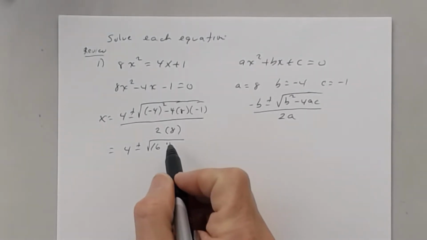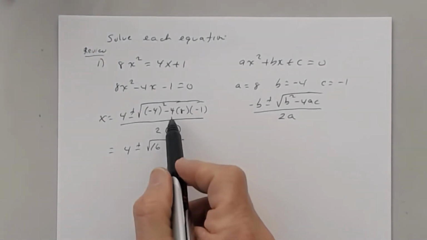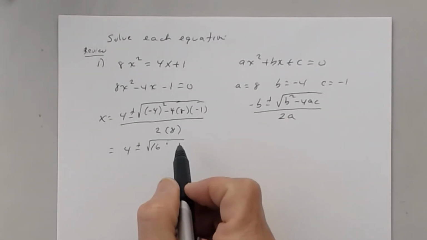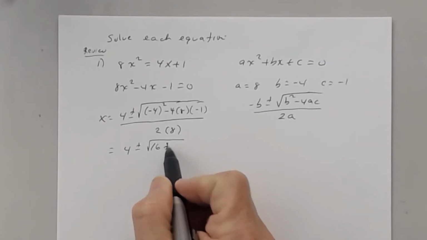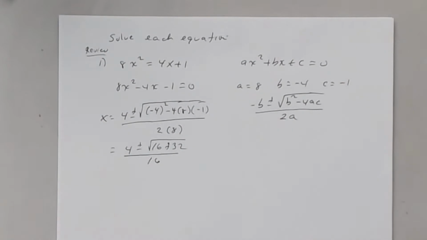That's one area you would have messed up, and you wouldn't have got all your points. What's negative 4 times a positive 8 times a negative 1? Positive 32. So you need to be careful with this. You need as many points as you can get.